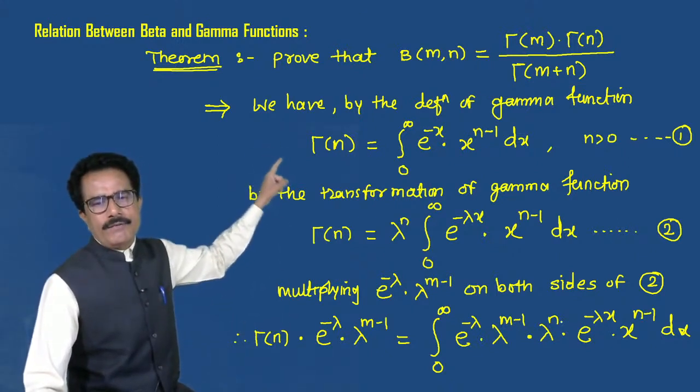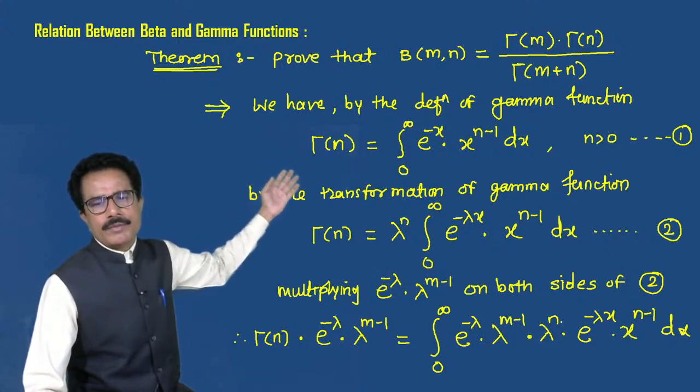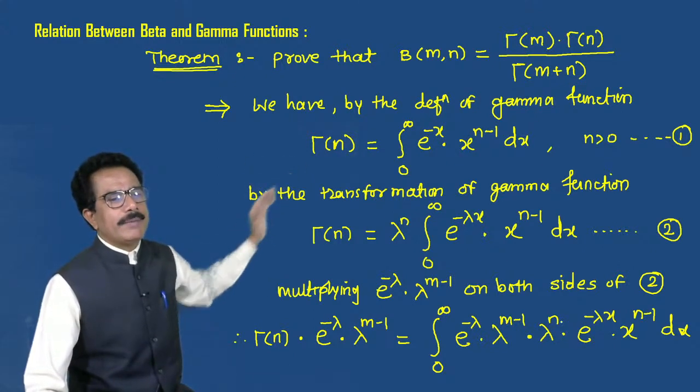So prove that beta of m comma n is equals to gamma of m into gamma n divided by gamma m plus n.